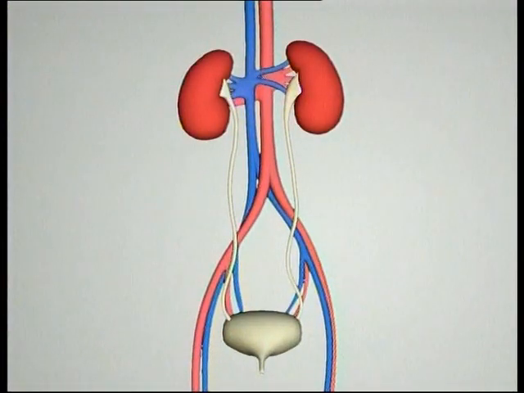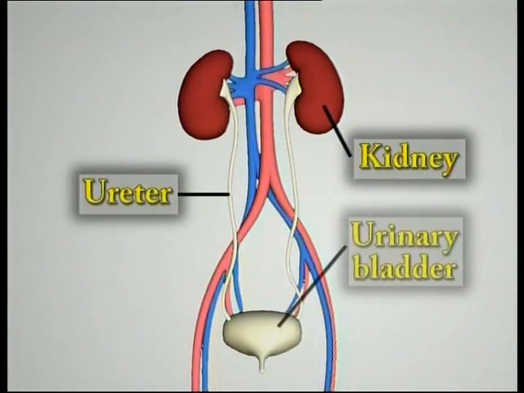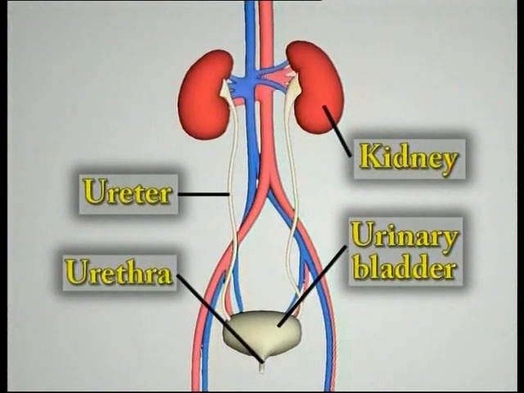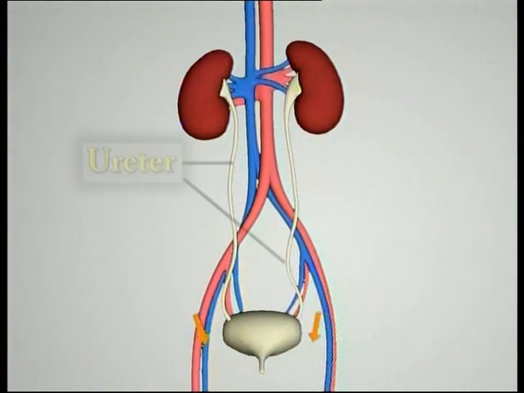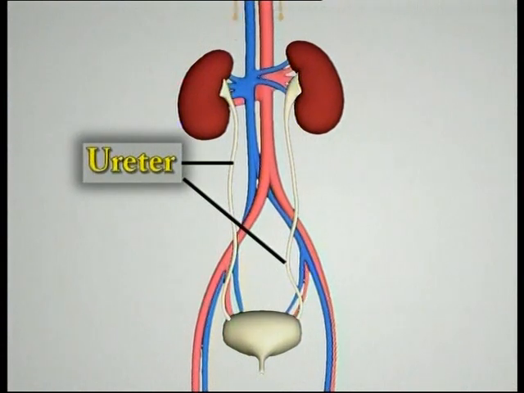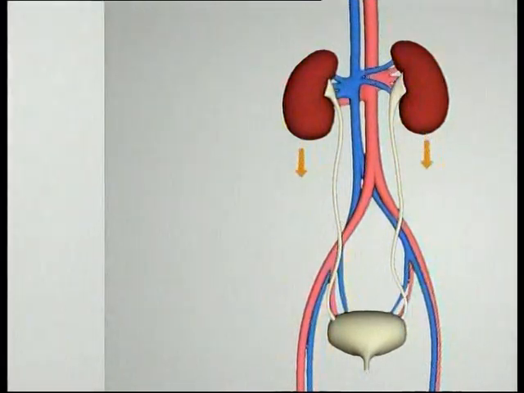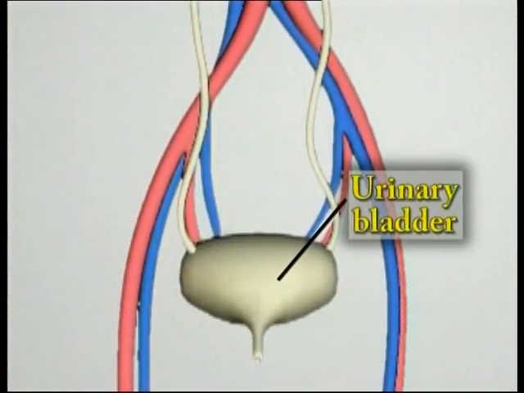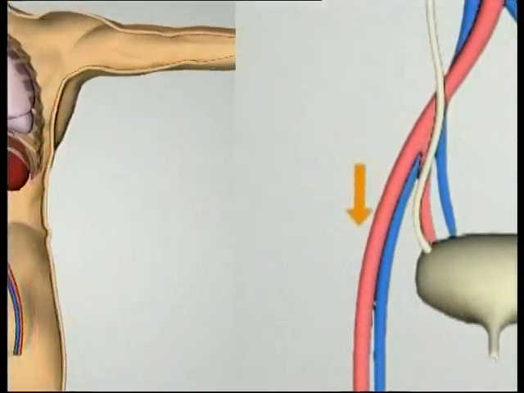Number 7. The human urinary system is made up of the kidneys, ureters, urinary bladder, and urethra. Number 8. The ureters bring the urine from the kidneys to the urinary bladder. Number 9. The urinary bladder stores the urine before it flows out to the urethra. Number 10.